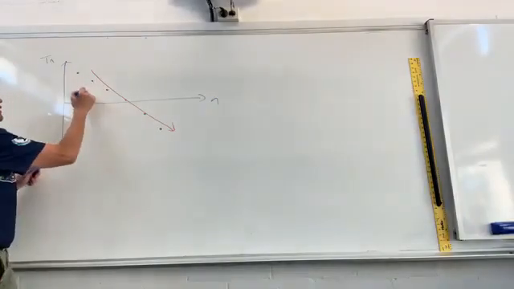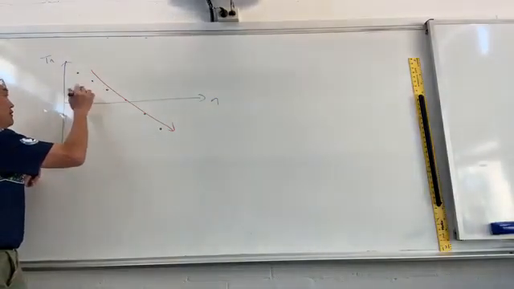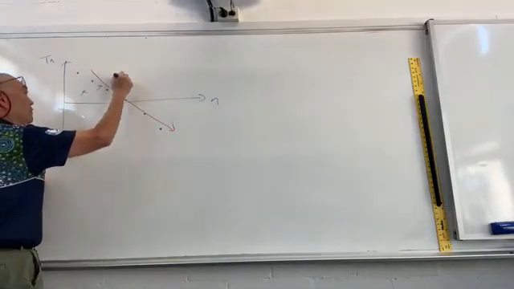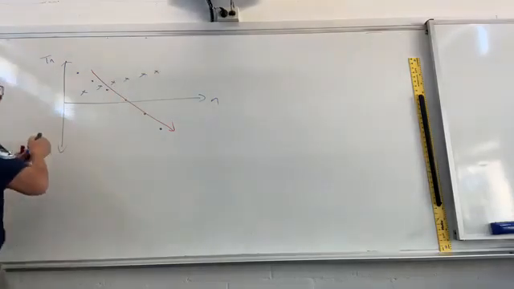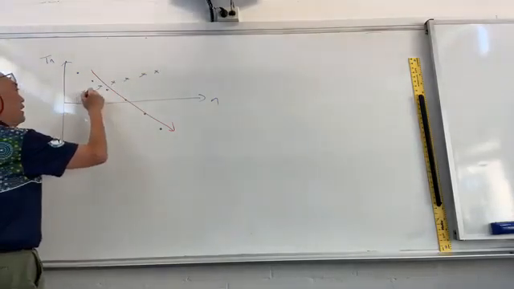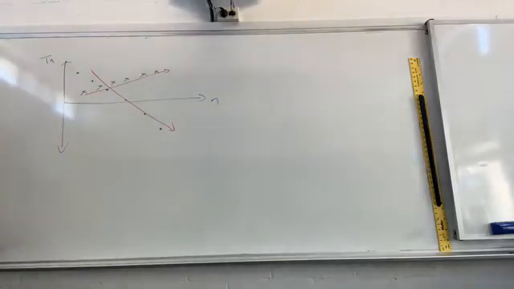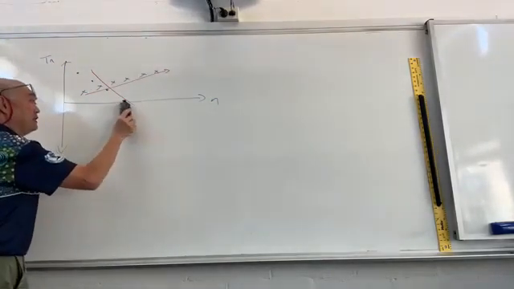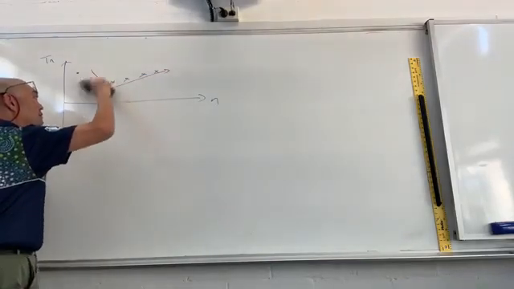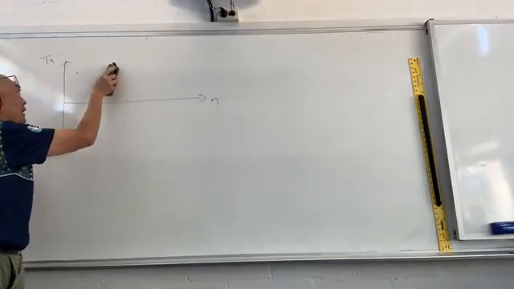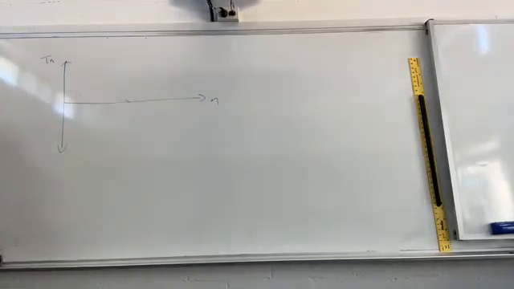Whereas you may have a situation that goes this way. I use a different symbol. That is actually long-term increasing. It's linear and long-term increasing. So next situation, let's talk about geometric sequences.